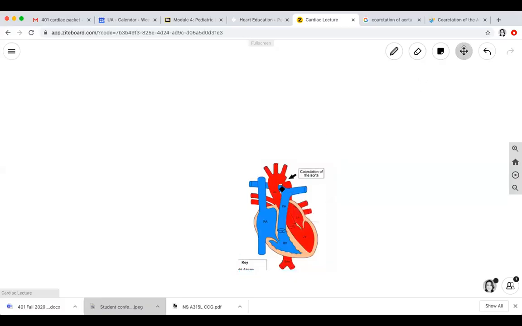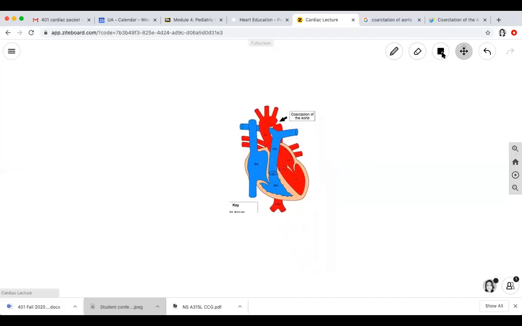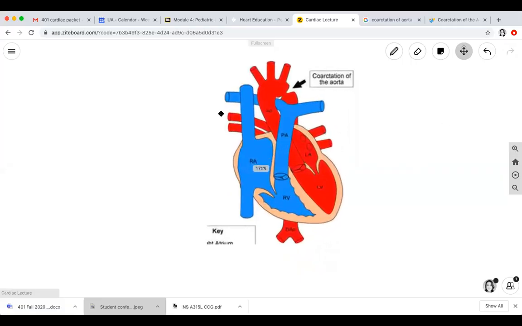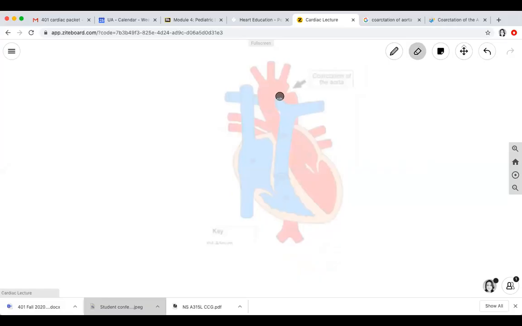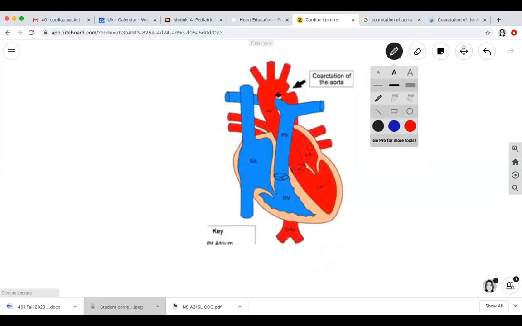Okay, so what surgical interventions will take place? If you look at this coarcted or narrowed segment, they will go in and place either a stent here to open that up, or they will cut above and below that narrowed portion.